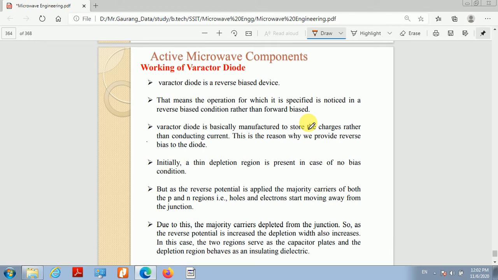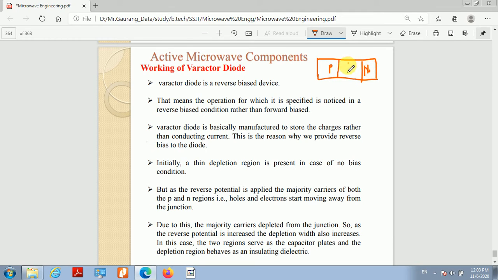As the width of the depletion layer increases, the P region and N region will behave as capacitor plates, and the depletion layer will behave as a dielectric material. If you look at this using a diagram, as we apply the reverse bias to this diode, the width of the depletion layer will increase. So this is the P region, this is the N region, and in between is the depletion layer.